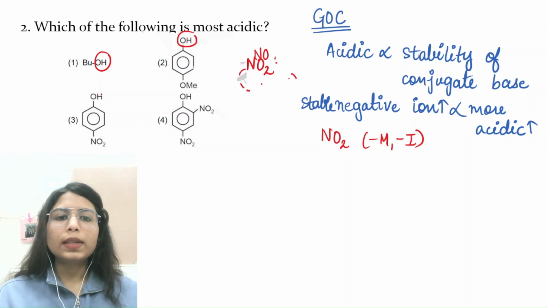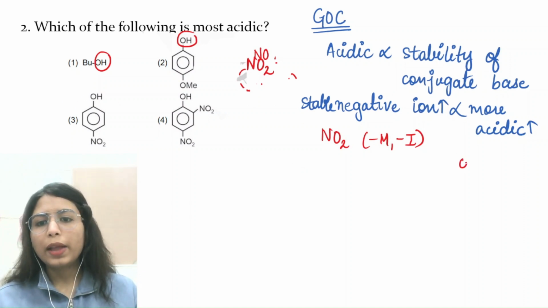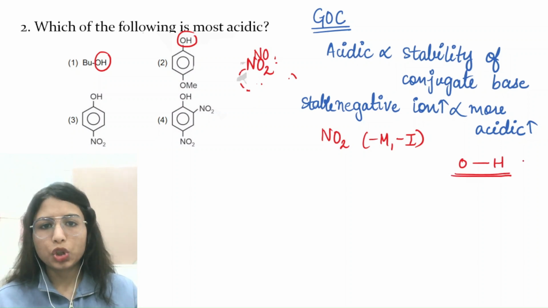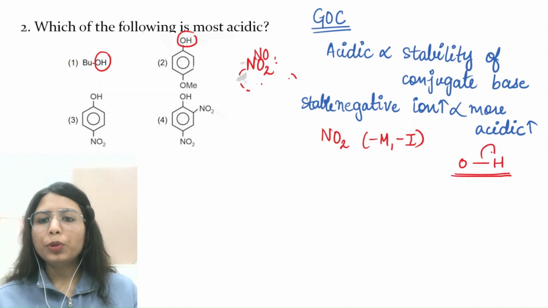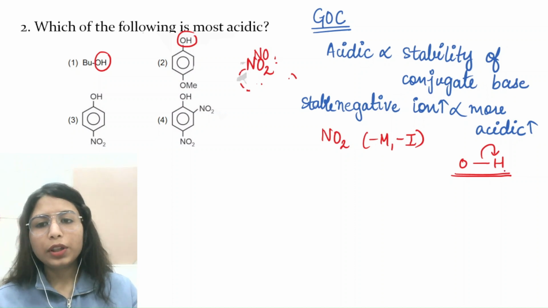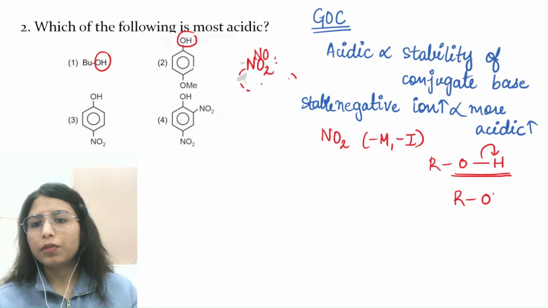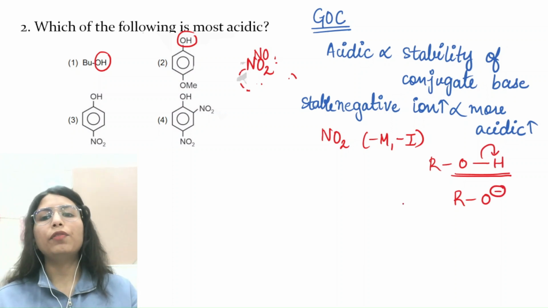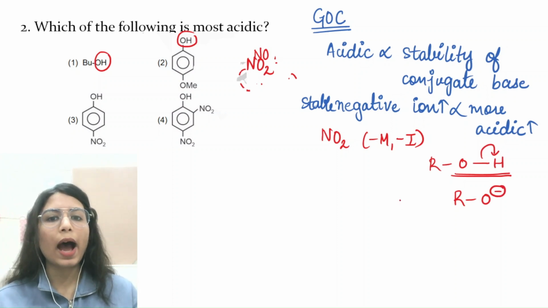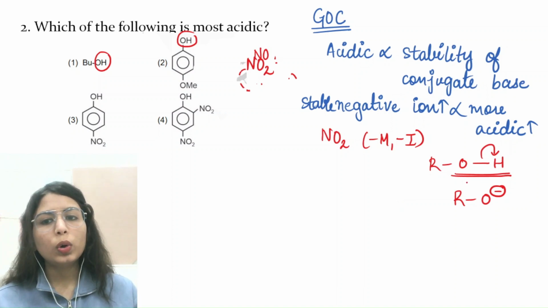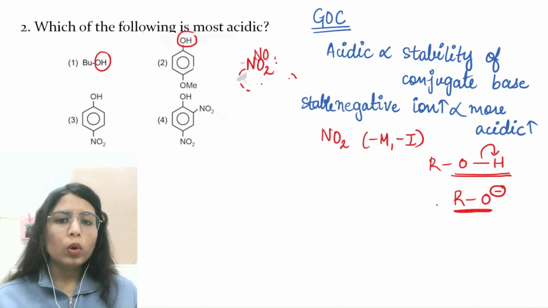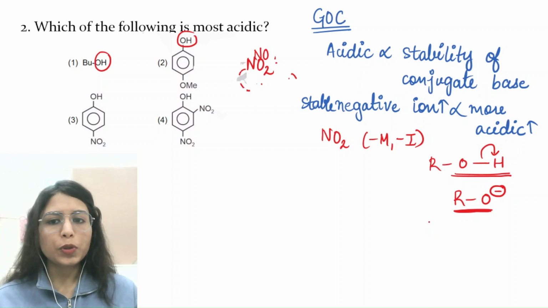Okay, so basically if I am talking about the acidity, this acidity is related between O and H. So you have to remove the proton, and after the removal of the proton from OH, the negative ion that will be formed is the alkoxide ion, that is RO negative ion. Okay, so you have to stabilize this.